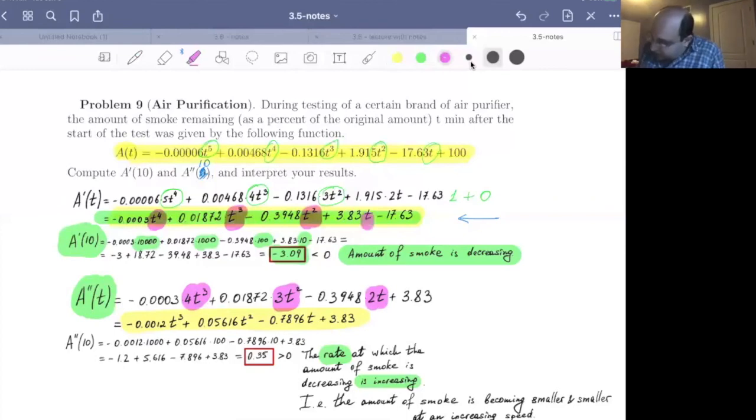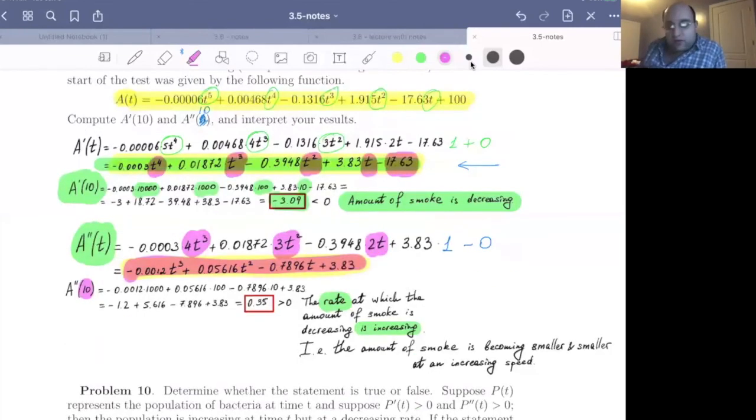The linear term gives you a constant, and the derivative of the constant term gives you just 0. If I simplify, I get this expression here. Finally, I plug in 10 instead of t, and I can just do the calculation and find out what that is.